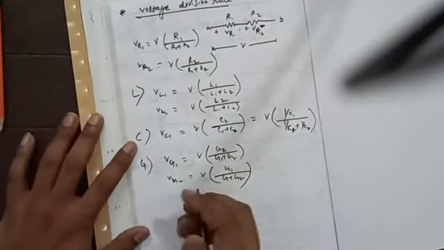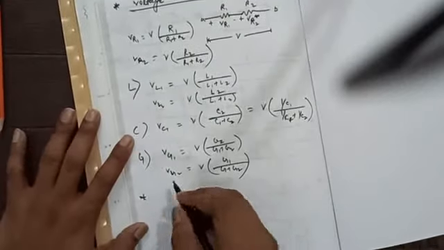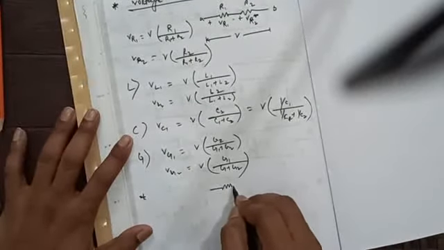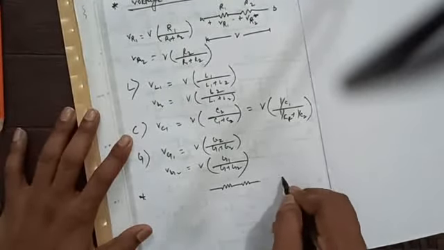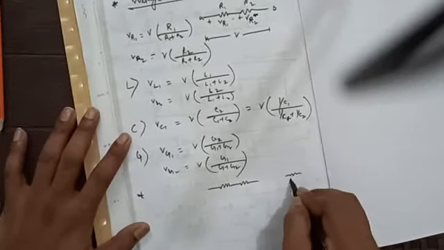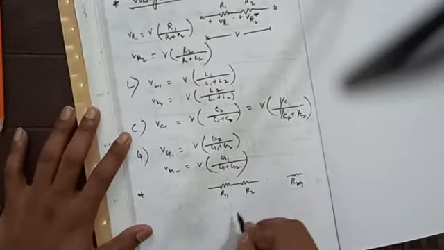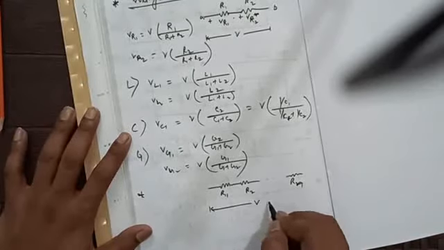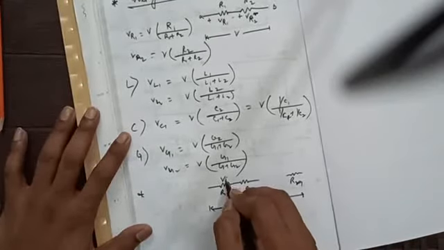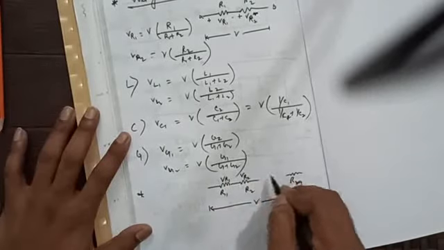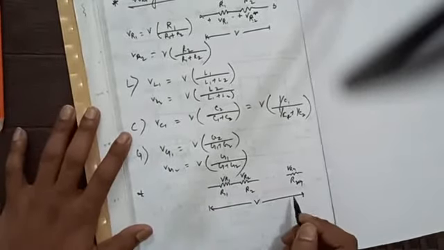So in general we can write, if there are n resistors, this is R1, this is R2, up to Rn, and the total voltage is V. This is VR1, this is VR2, up to VRn.